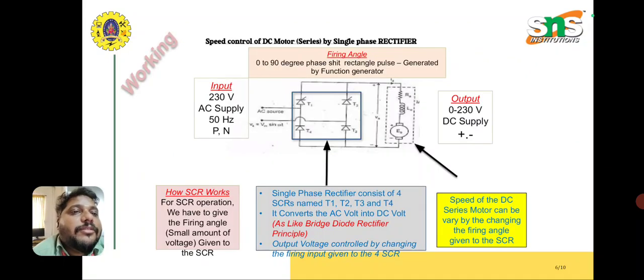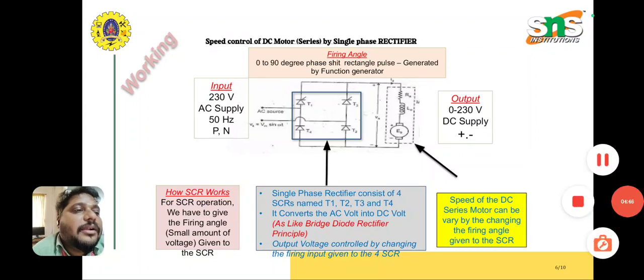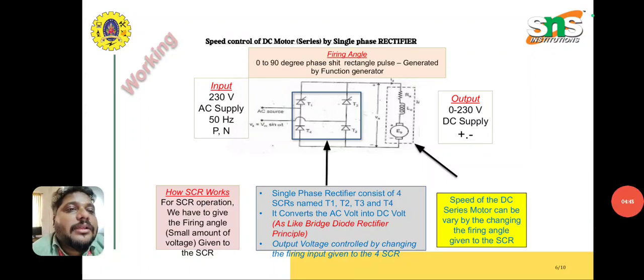Here the firing angle is a 0 to 90 degree phase shift angle generated by the function generator. Based on the firing pulse, we can control the output voltage from 0 to 230 volts of DC supply. By changing the voltage, we can control the speed of the motor.